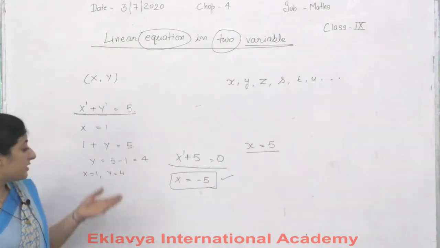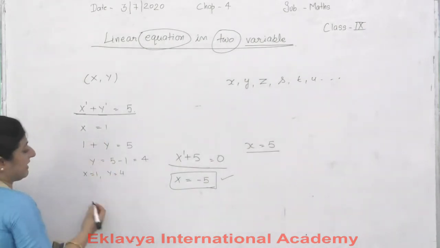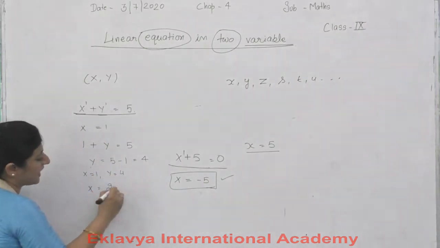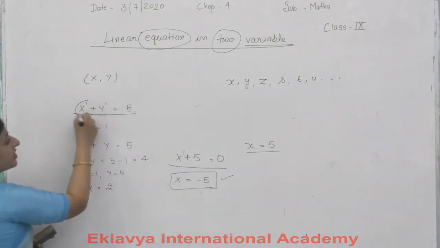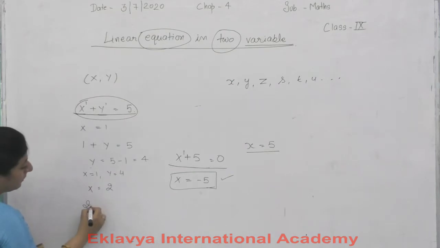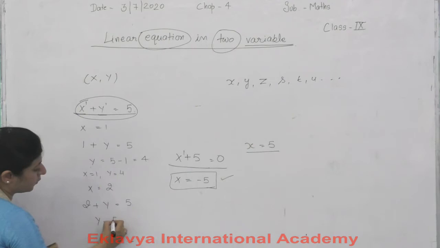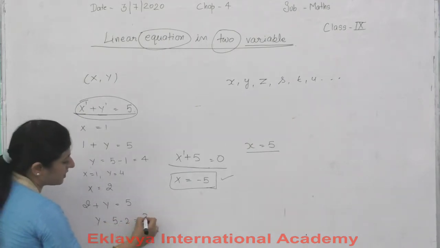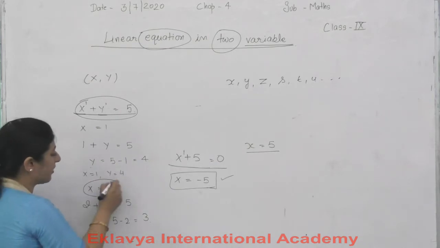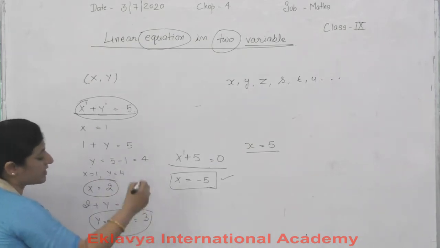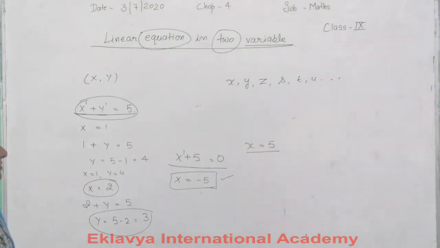Now check whether there is only one solution, or we can find more. Take any other value. Suppose I take x is equal to 2. Put in this equation: 2 plus y is equal to 5. y is equal to 5 minus 2, which is 3. It means for x is equal to 2, the y value is 3. This is also a solution of this equation.